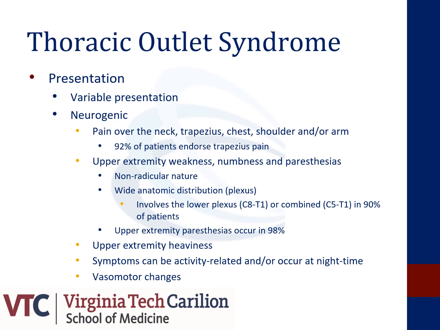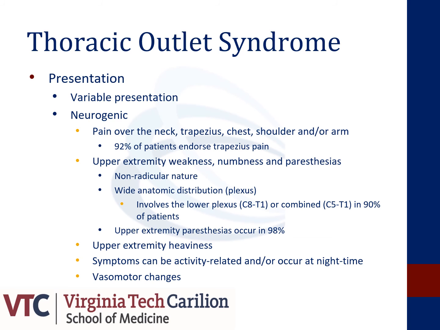The presentation of thoracic outlet syndrome is highly variable and dependent upon the region of compression. In the setting of neurogenic thoracic outlet syndrome, 92% of patients endorse some level of trapezial pain. The pain associated with thoracic outlet depends on which part of the plexus is impacted.